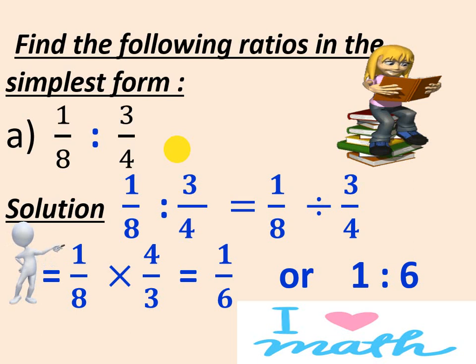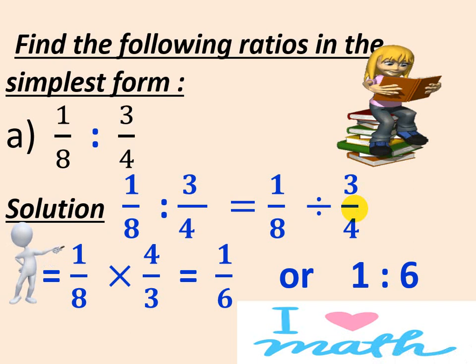So we'll convert the two fractions into whole numbers. The word 'to' we will convert into a division operation, because as we said before, the ratio is like the fraction. 1 over 8, the first term, divided by the second term, 3 over 4.